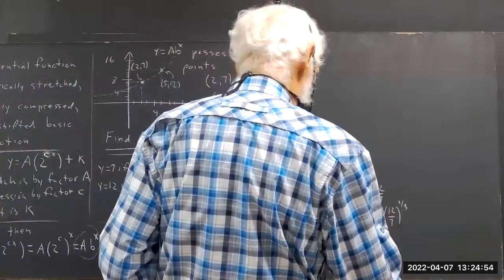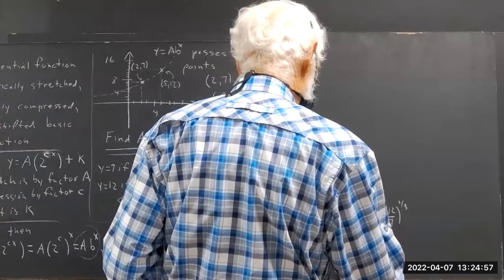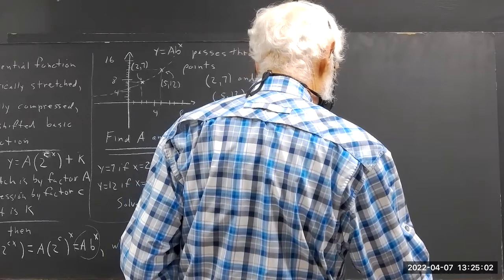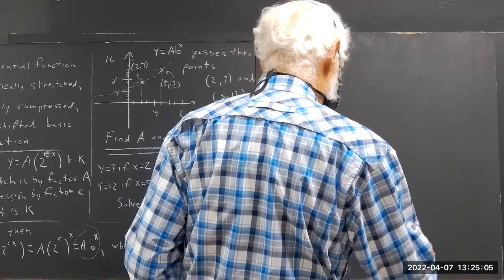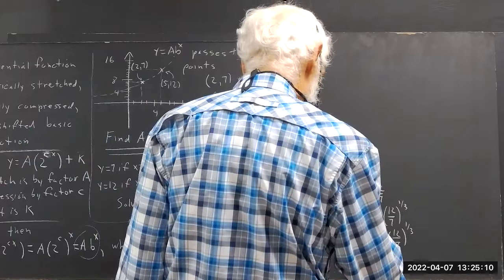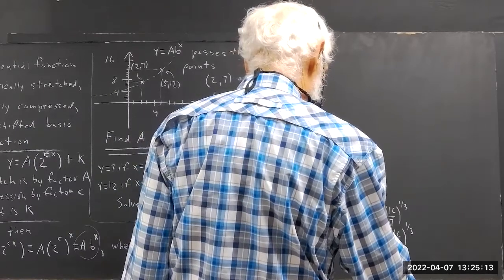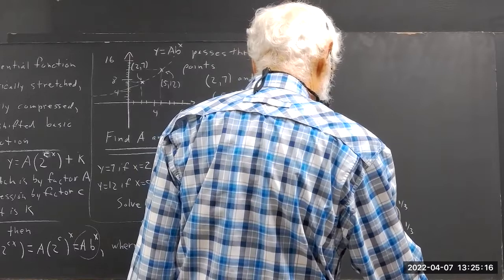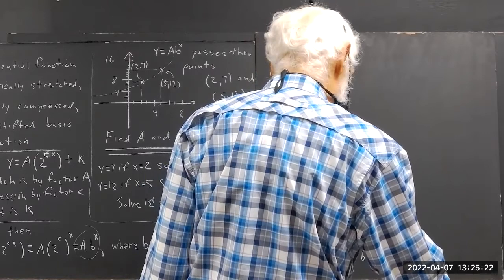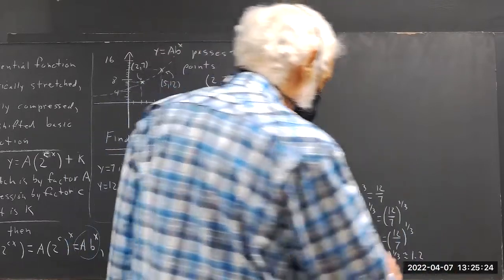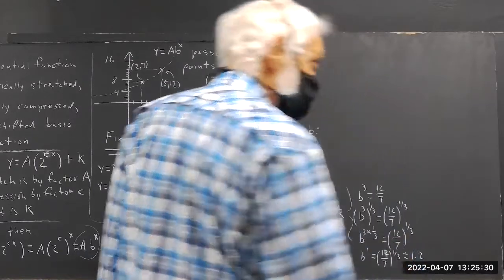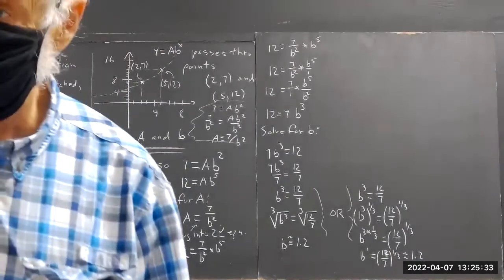B cubed to the 1/3 is B to the 3 times 1/3. And of course that's 12 sevenths to the 1/3. So B to the 1 equals 12 sevenths to the 1/3, which is the cube root. It's about 1.2. That's a matter of preference, how you want to put this into your calculator. But you should be able to do it either way, so you have the option.